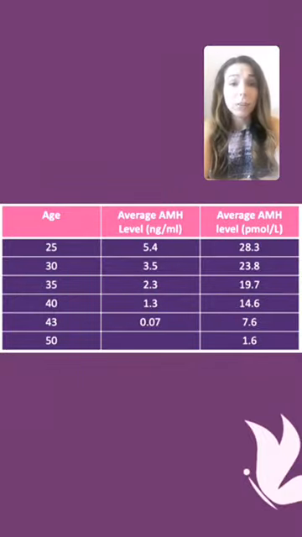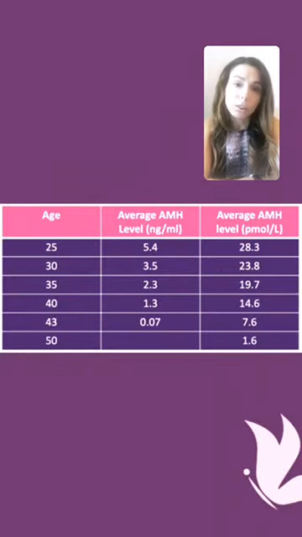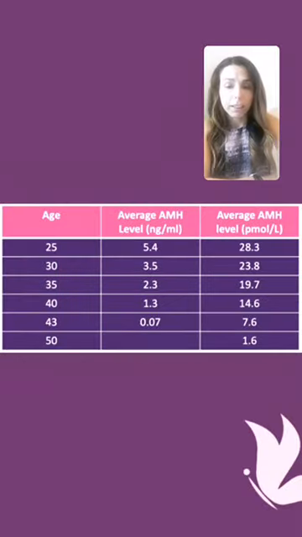If it's, for example, nanograms per milliliter and you have a 5, but you're 25 years old, that's a good, normal amount of AMH. However, if your result is presented in pmol per liter and you're 25 years old, you're expecting a value around 28. So it's very important to know the units in which your results are being presented.